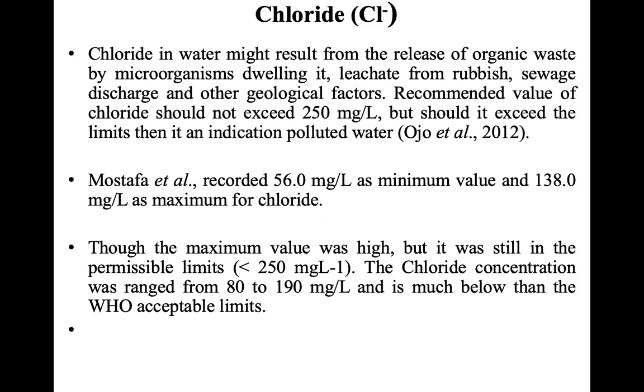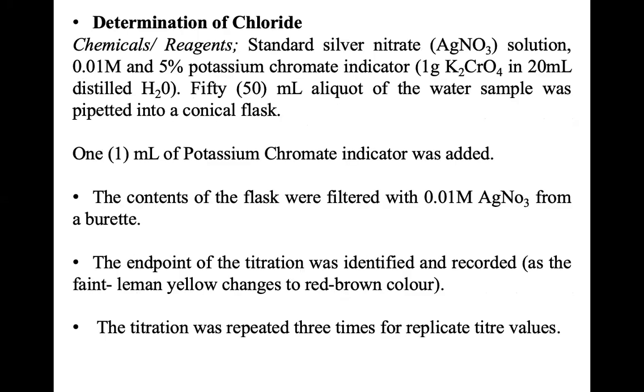Now, there is also chloride found in water. Chloride in water might also result from the release of organic waste by microorganisms dwelling in it. And this can also pollute the water, and its level must be determined chemically to establish the extent of pollution of the water bodies.